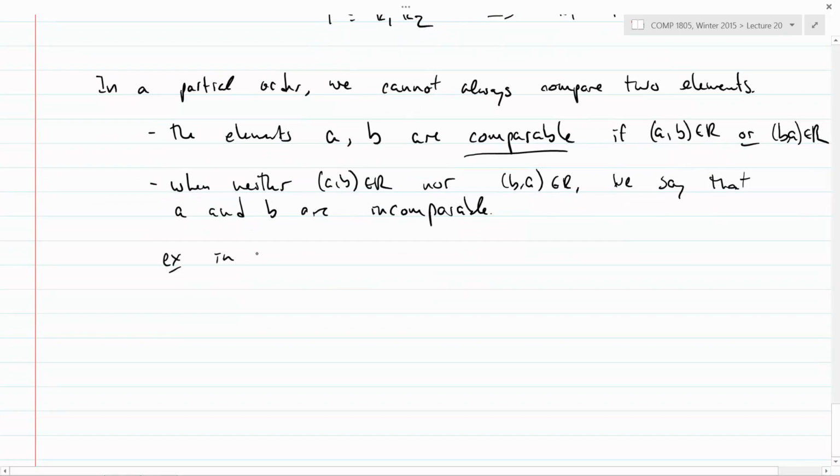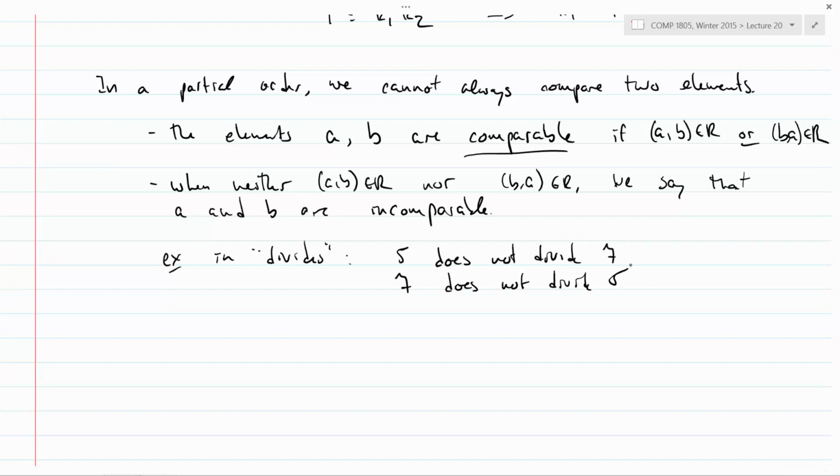So in the divides relation, 5 does not divide 7, right? 7 does not divide 5. So this relation can't put them in order. It doesn't know how they compare to each other. So we say in the divides relation, 5 and 7 are incomparable.